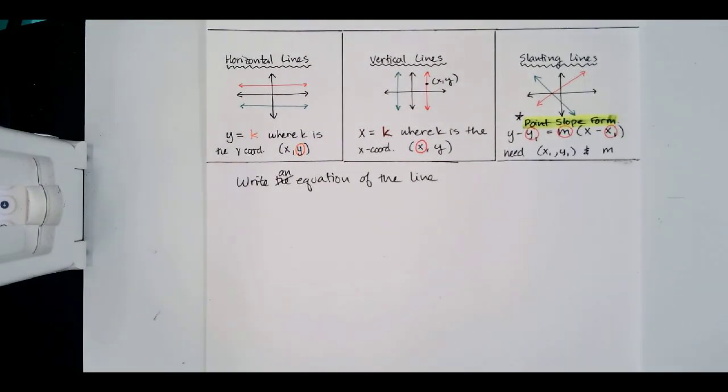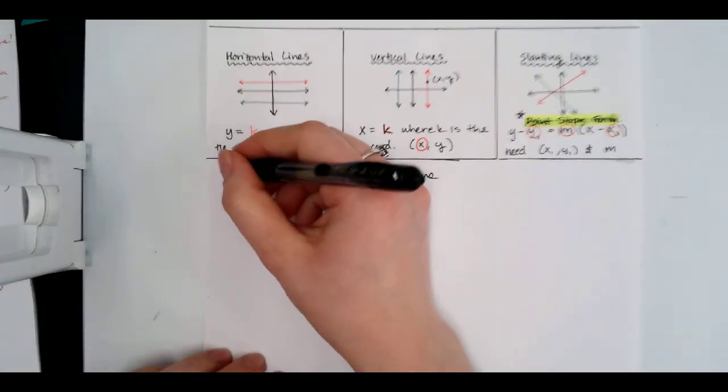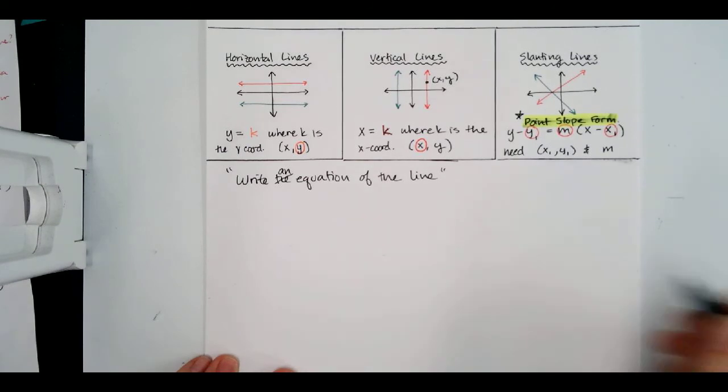Before we actually start into these, I'm going to give you the plan I have for all of these, and then we'll work on a few problems. So, if we see the directions, write an equation of the line, what is my plan? Here's my plan.